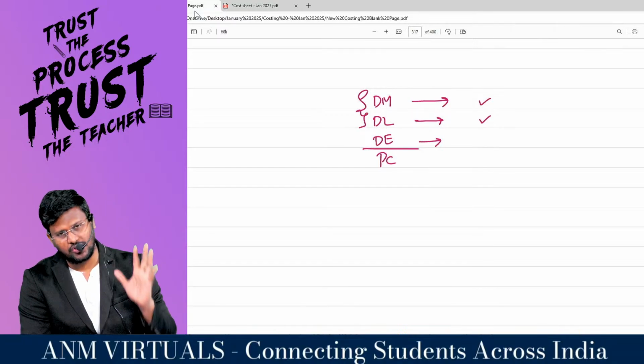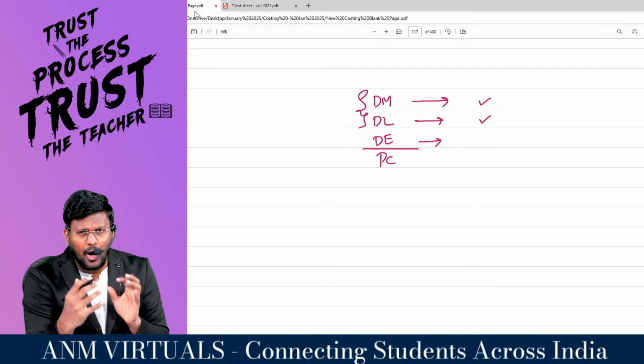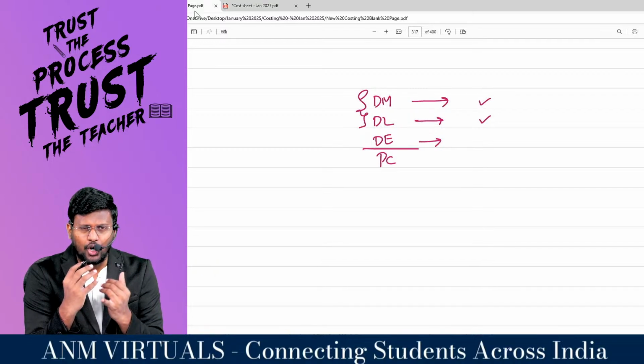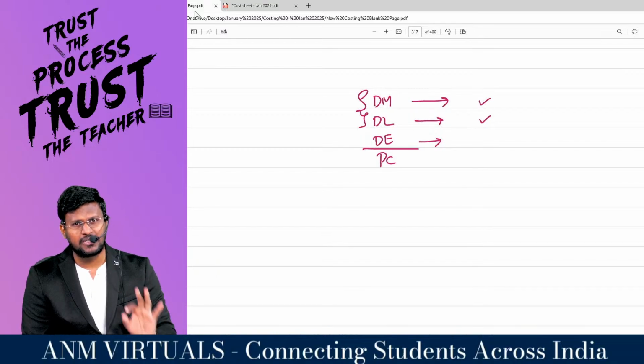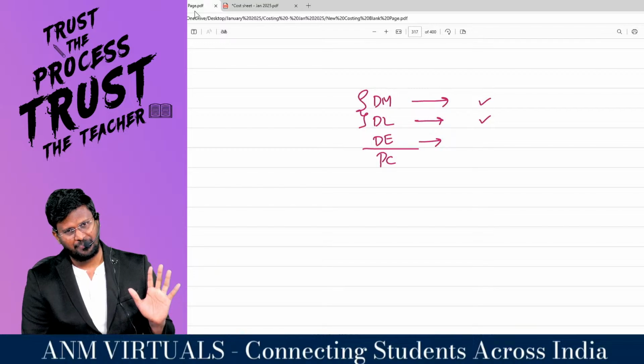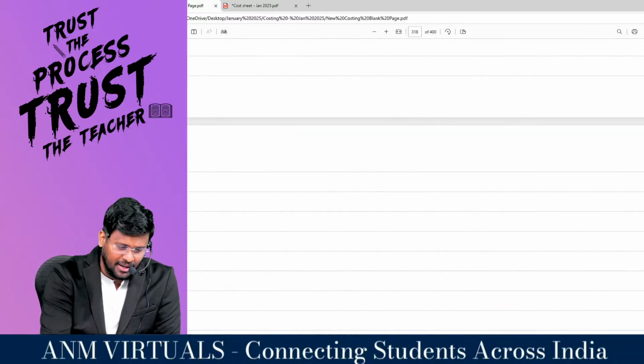That means prime cost. In that list, my dear lovable students, you have to check what all are direct material, what all are direct labor, and what all are direct expenses. You will get the prime cost. Add factory overhead. Why, sir, add factory overhead?